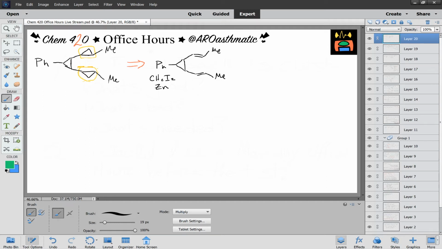The question now becomes, where do we get trans alkenes from? How can we make trans alkenes in one step? You can get trans alkenes through a partial reduction of 2 alkynes.